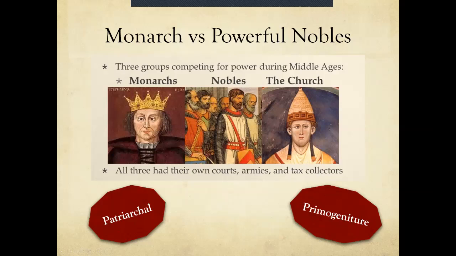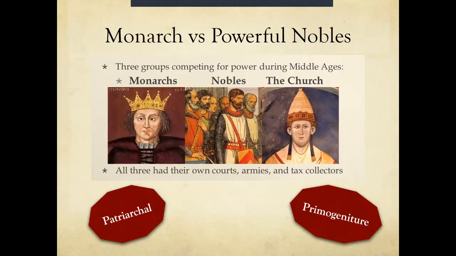And then I also want you to take note of this term, primogeniture. This was the system of dividing up the wealth and the power within a family. So let's say that I was a father and I had 5 or 6 sons, and I died, but I had 1,000 acres of land and I had some wealth.